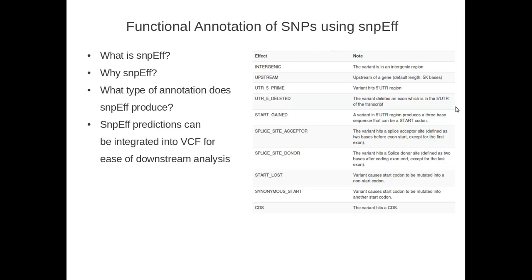So these are just a few of the predictions that SNPF will make. And so this allows you to quickly sort through your SNPs and rank them in terms of candidates of ones that might be more damaging to a cell compared to others.